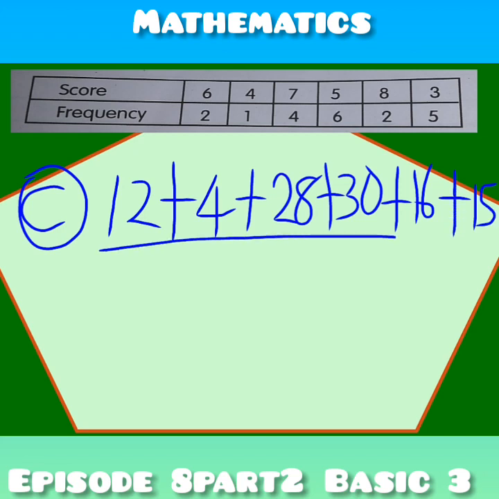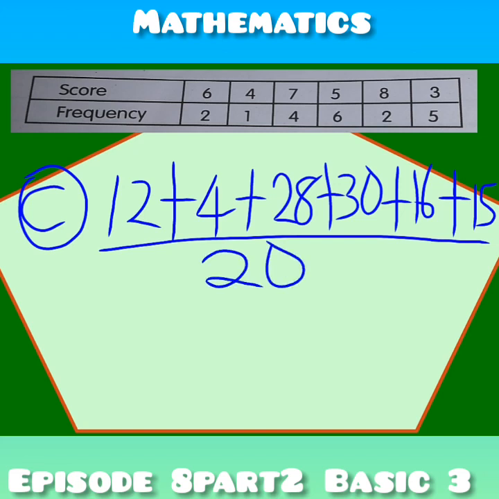Divided by how many times each of the scores all together occur. So you simply say 2 plus 1, 3, 3 plus 4, 7, 7 plus 6, 13, 13 plus 2, 15, 15 plus 5, 20. So we divide all this by 20.